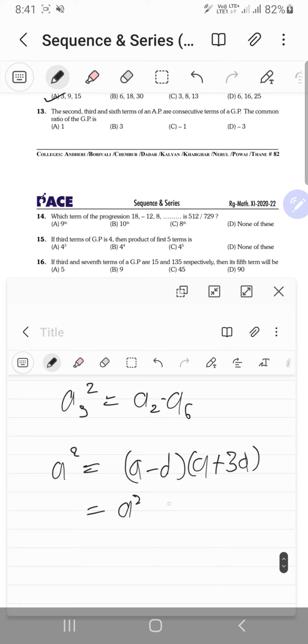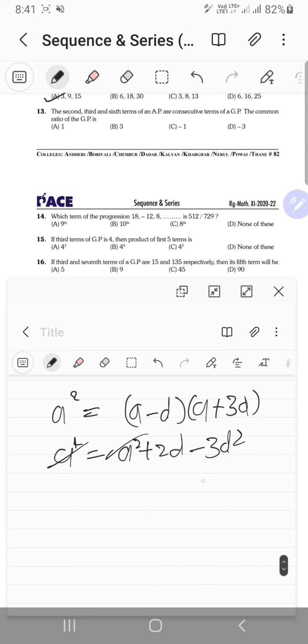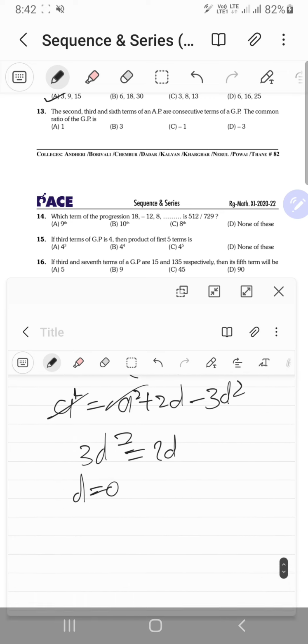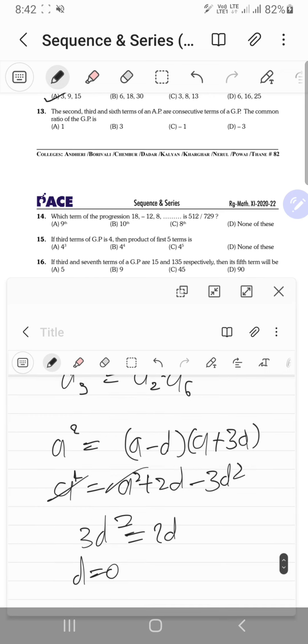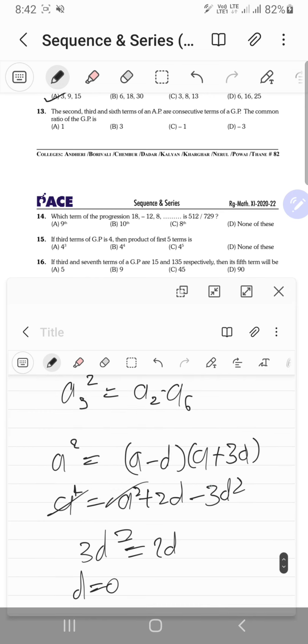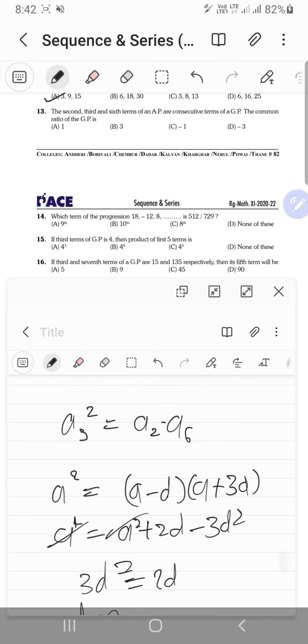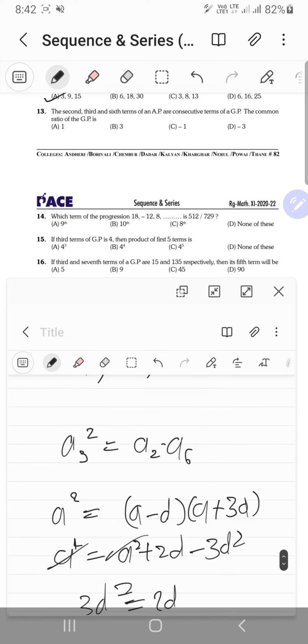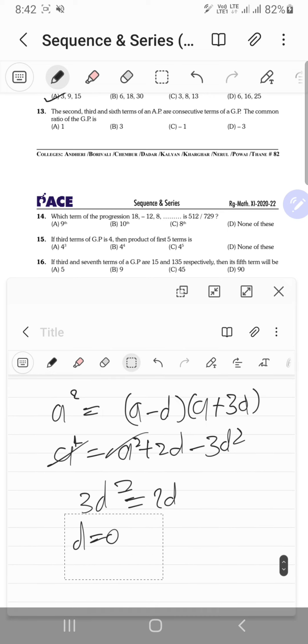So this will be a squared plus 2d minus 3d squared. This cancels, so 3d squared equal to 2d. So either d is 0, which I don't think is very good, because d being 0 means a squared equal to a squared, that works out, no big deal. But that's generally not what we do. So d is not 0, instead d is 2 by 3.